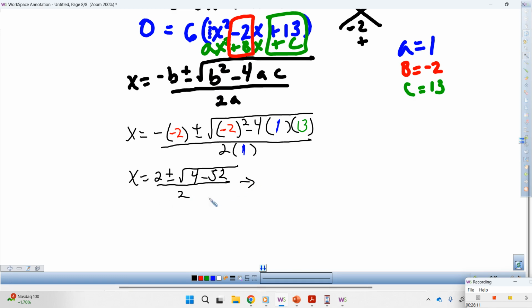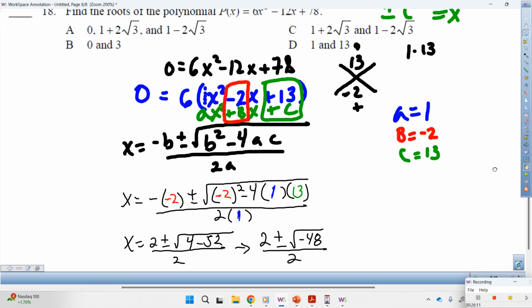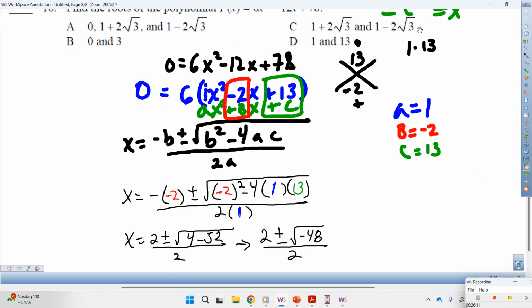So we have 2 plus minus square root negative 52 plus 4 is negative 48 over 2. Let's see where we're at with our answers over here. What do we have still? Not quite there, Mr. Q.